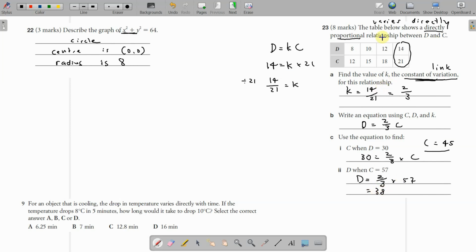The steps with this one, if I get time, I'll come back and have a look at this one because that's the textbook question, but directly proportional or varies directly, you put this first and then use any set of values to find out what K is. Then you can do the rest of it.